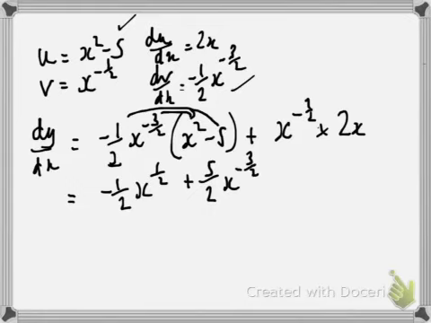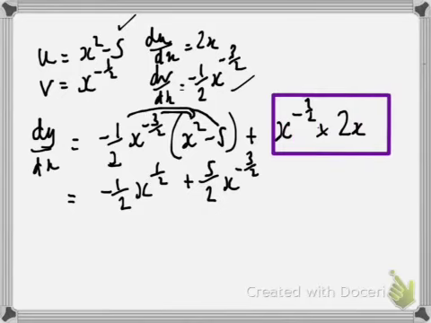Then if we multiply these two together, we've got 2x multiplied by x to the power of negative a half. Now remember, 2x is 2x to the power of 1. So we've got plus 2, 1 plus negative a half is a half. So we've got 2x to the power of a half.